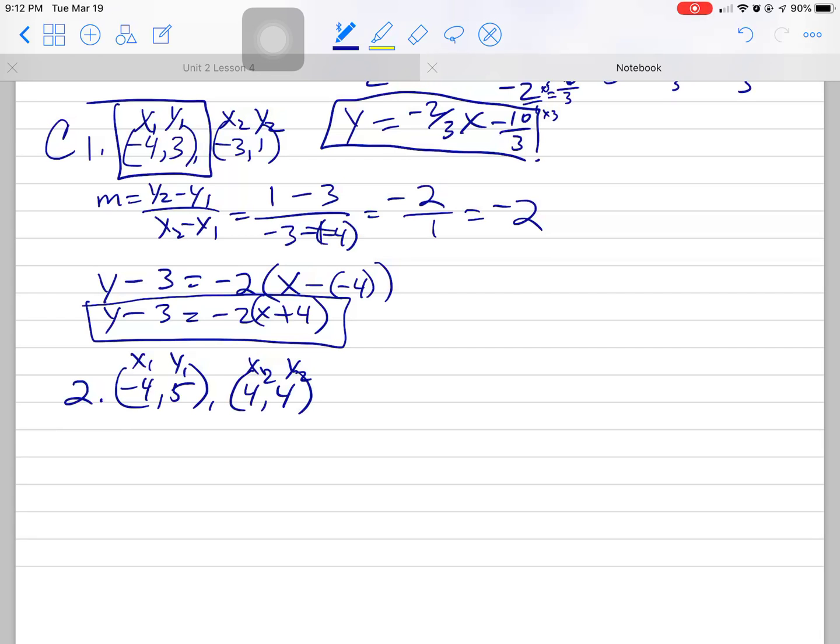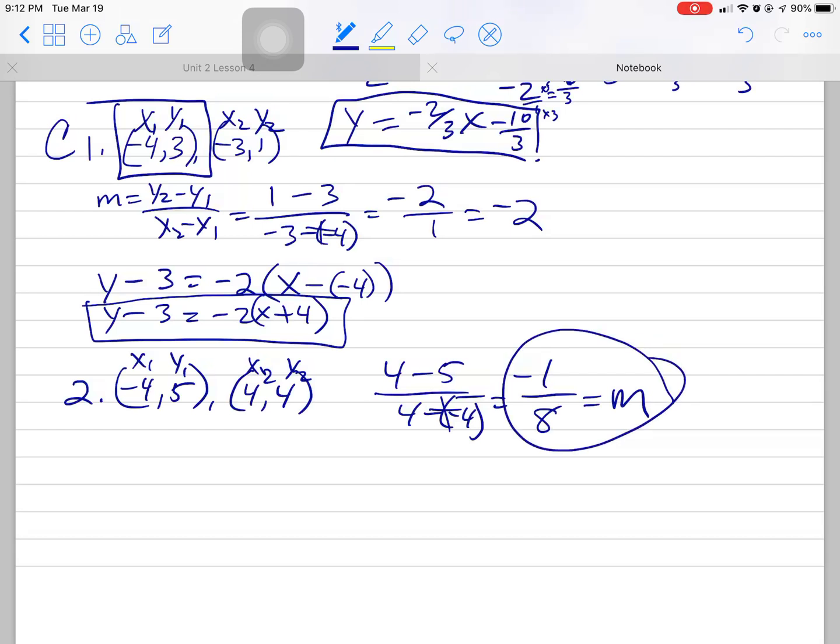Slope would be 4 minus 5 over 4 minus -4, I believe. It seems weird. Let me check. Number 2, yeah, that's what I had. I should say somewhere that that equals m, okay? Right there is my slope.